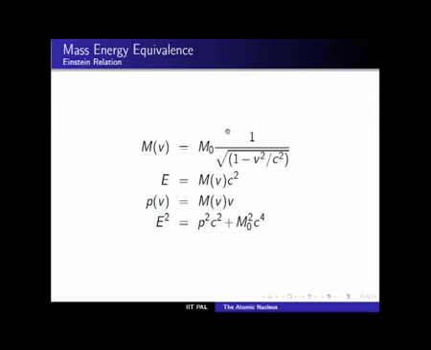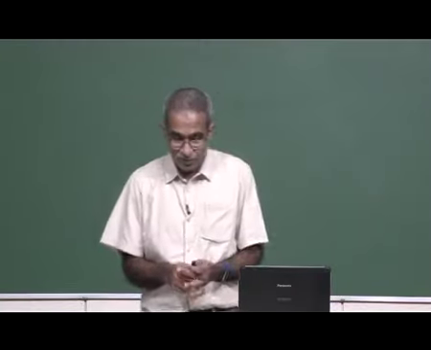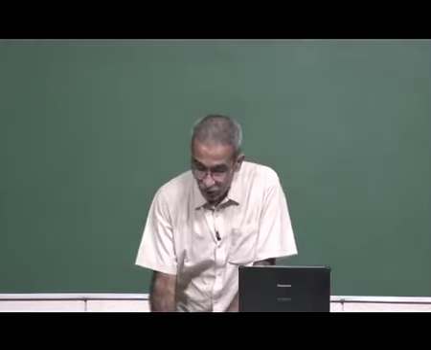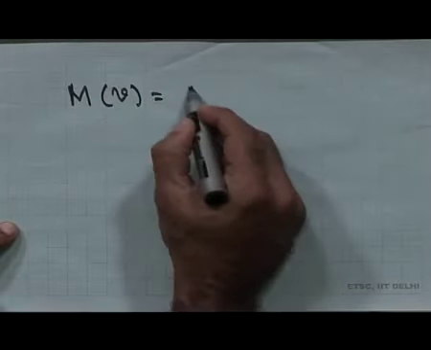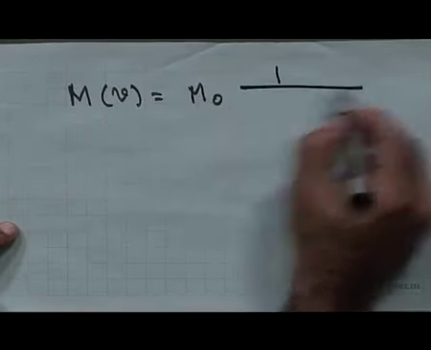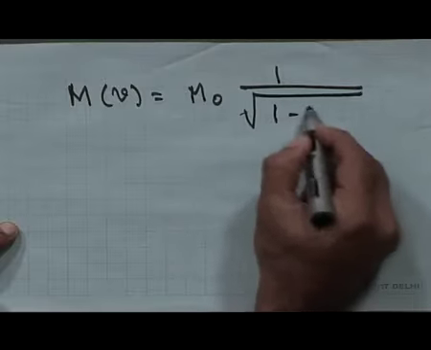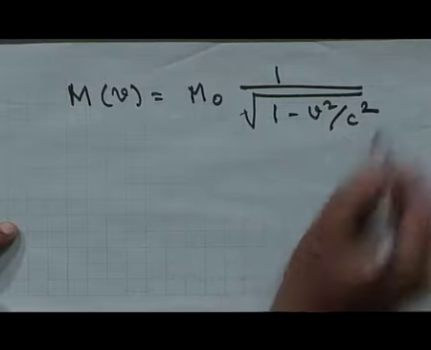That means that the usual notion of inertia which Newton gave us holds only when v is much smaller than c. So, let us come to that. What is it that I wrote? I wrote m of v is equal to m naught 1 over root 1 minus v squared by c squared.